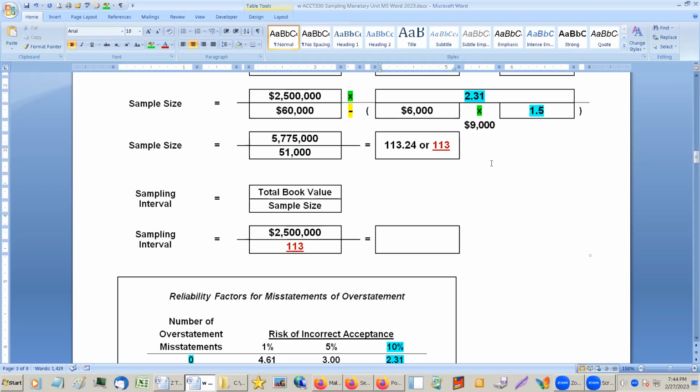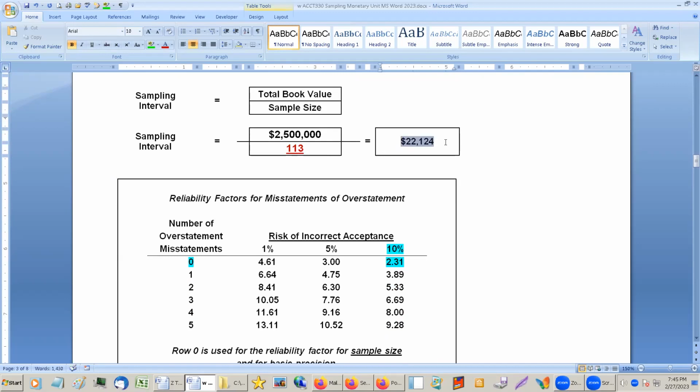And that means an interval, I'm going to round off to the nearest dollar, 22,124. Well, that's going to be the interval.